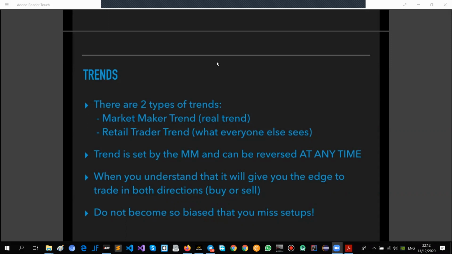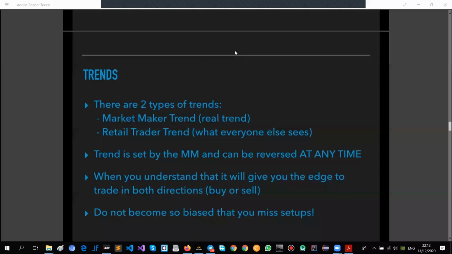Both the trends are set by the market makers, and they can be reversed anytime. Meaning, the market makers are only looking to make a profit. They're only looking to book a profit. So they just move the price and move the trend to the direction that is most favorable for them to profit.